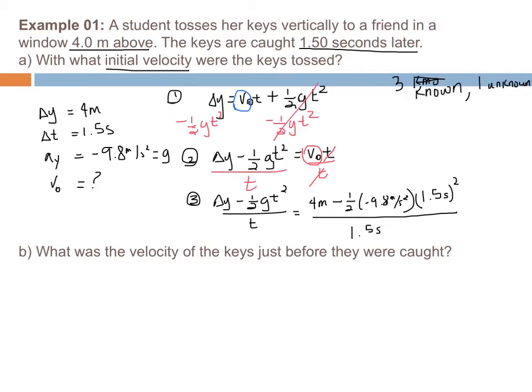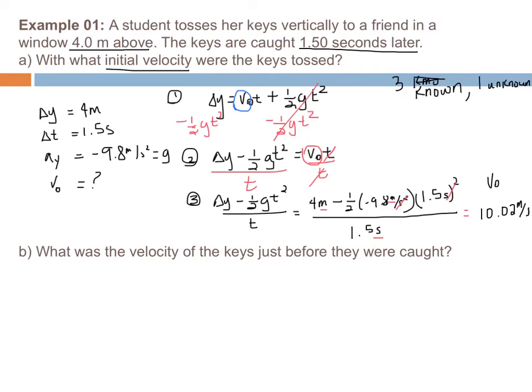Here, these seconds squared would cancel. And I have meters combining with meters, ending with meters over seconds. So our final answer is 10.02 meters per second. 10 is fine as well. So this is our initial velocity.